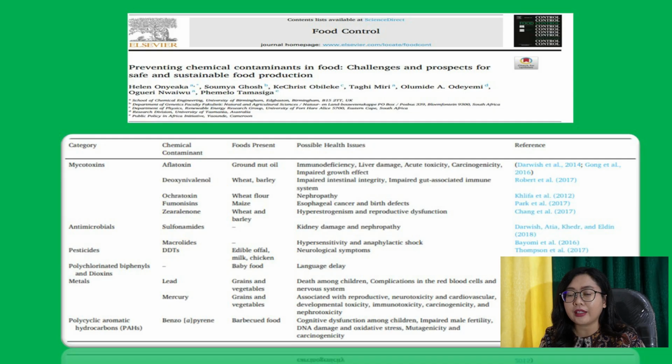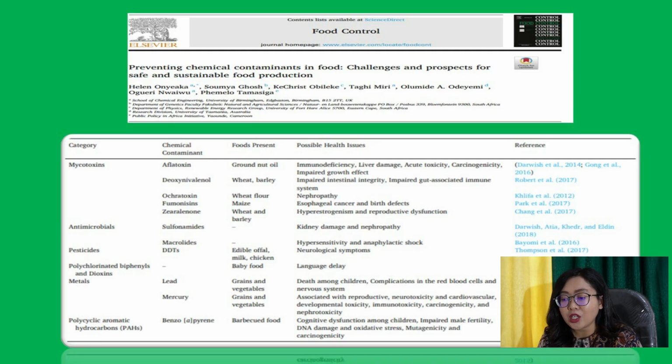Food contaminated with lead and mercury may cause death among children, as well as complications in the red blood cells and nervous system. And not only that, mercury found in food may cause developmental toxicity and is also associated with reproductive health.